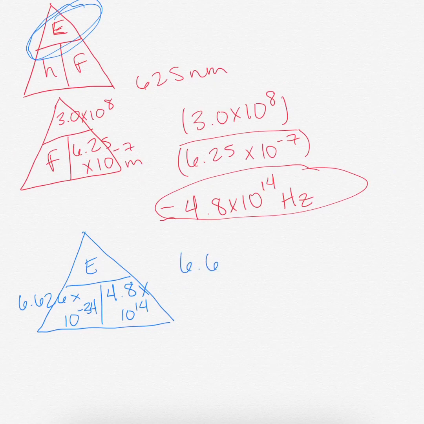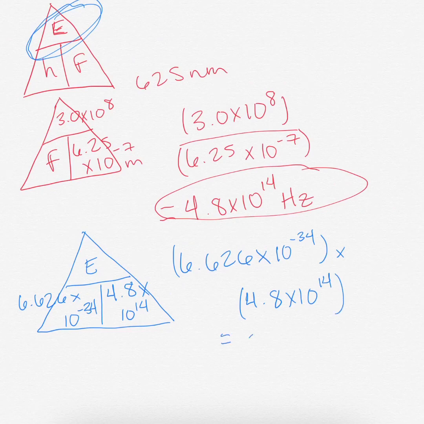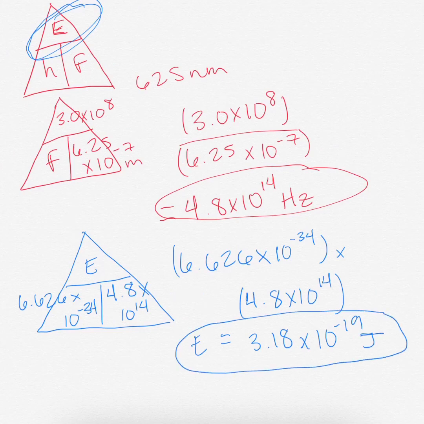And now, since those are side by side, I can multiply. Again, I would make sure that these are in parentheses so that it does not confuse your calculator. Okay, when I multiplied those, I got 3.18 times 10 to the negative 19. Since this is energy, my unit is joules.